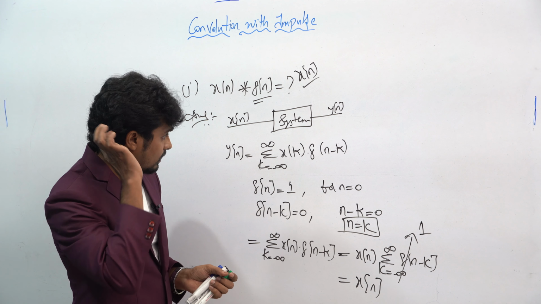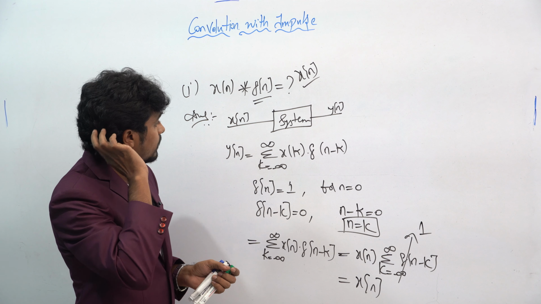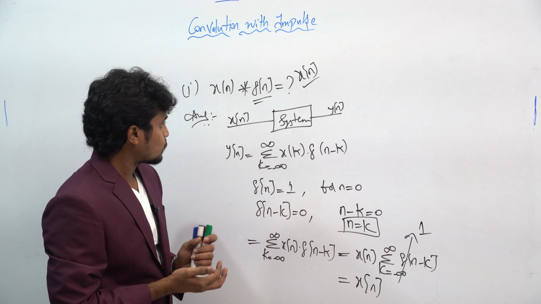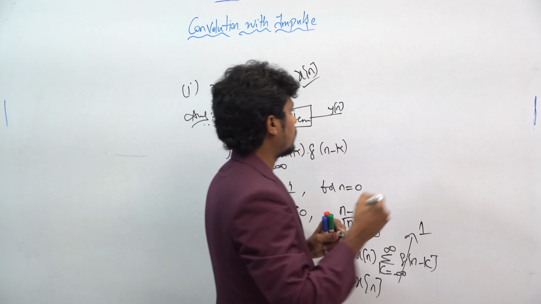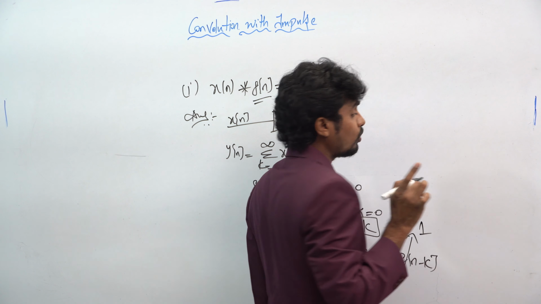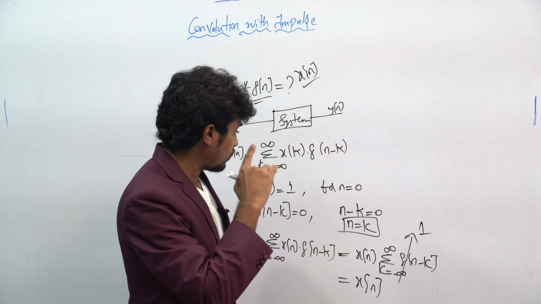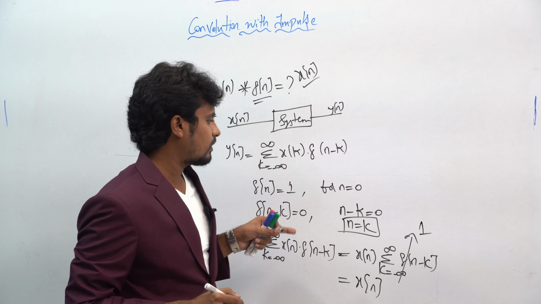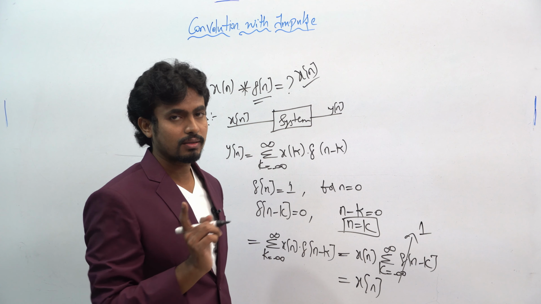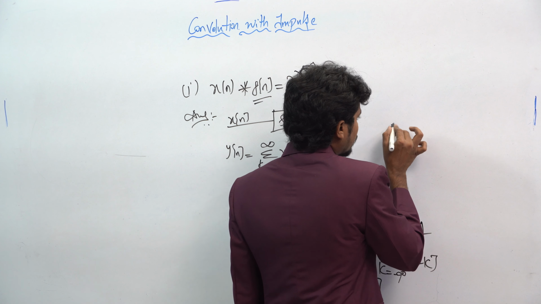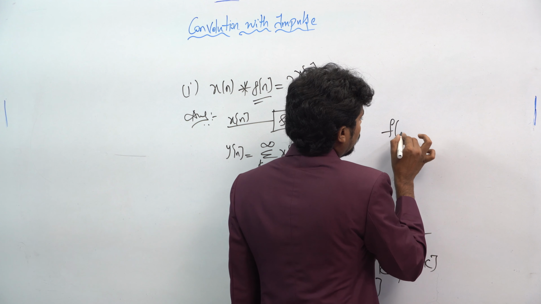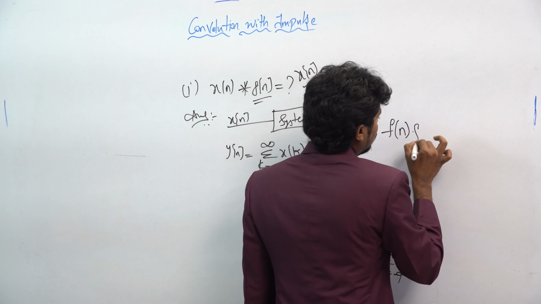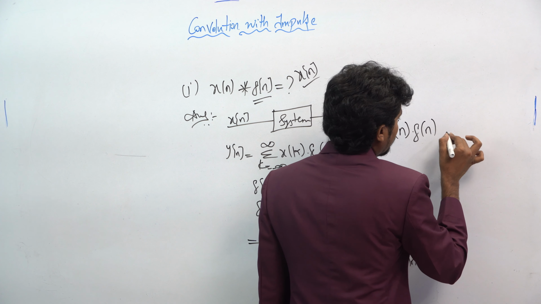Next, I will tell you one shortcut for this. If you just want to memorize things, you can't do a lot of steps; just see the question and tell the answer. For example, take f of n into del of n.